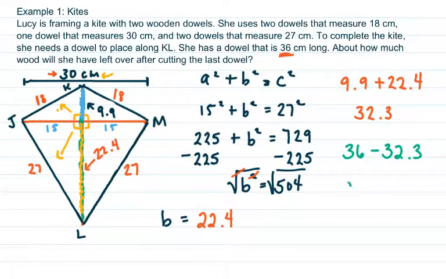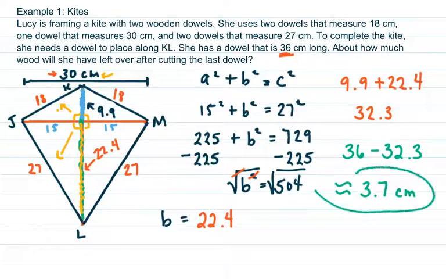I'm going to get an approximation, right? So it's not going to be an exact number. So 36 minus 32.3 approximately equals 3.7. Now your book actually says 3.6, but it's an approximation, so we are close enough.